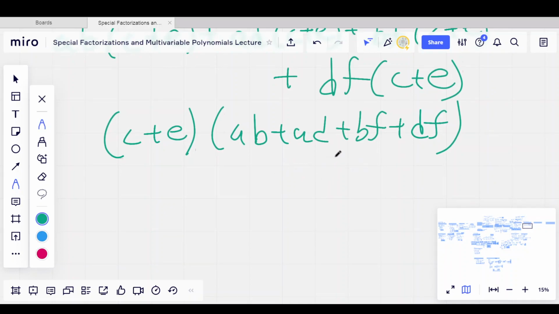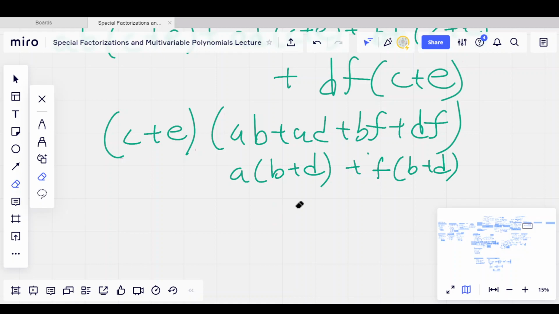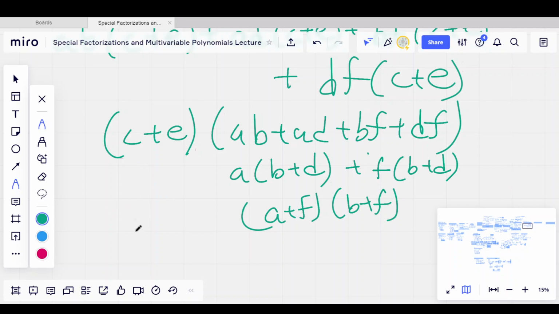Let me see. What's the F? And then this is actually just A. Oh, oopsies. A plus F times B plus F. And then this is just C plus E. And then this can't be factored anymore.